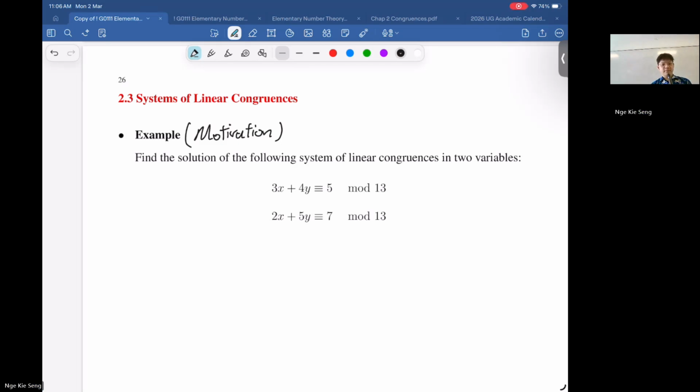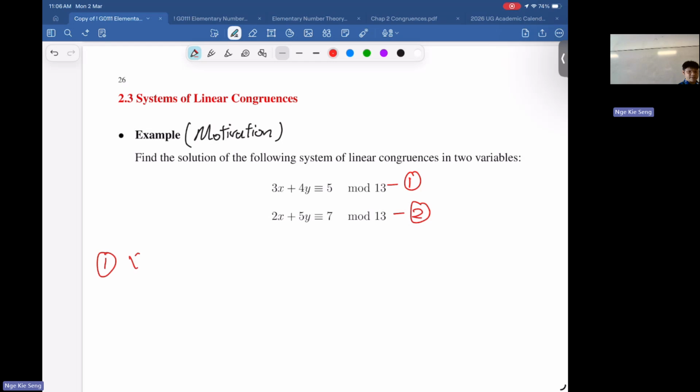Okay. All right. So what do you do in linear algebra? Eliminate one of the variables, right? Okay, maybe we can do similar stuff here. So what can we do? Maybe I name the first one as equation 1, second one as equation 2.